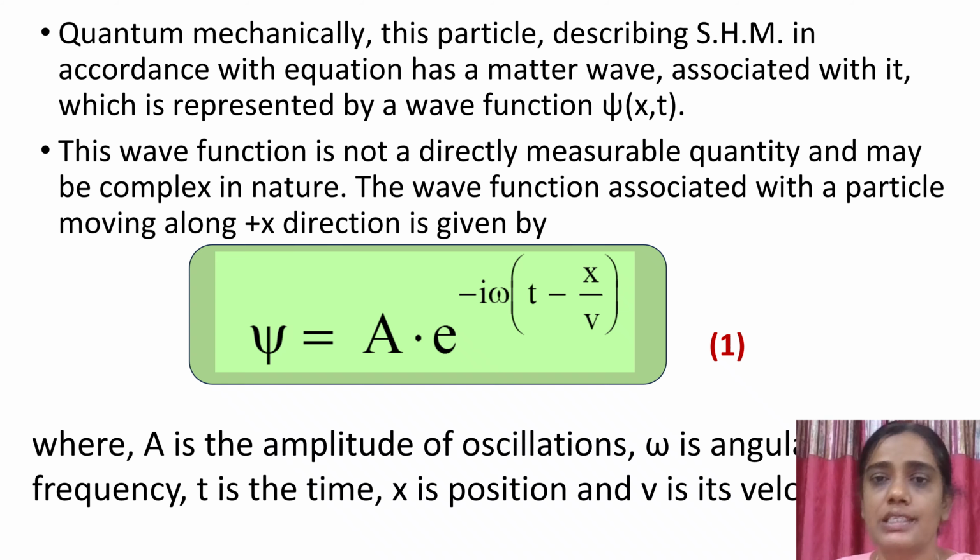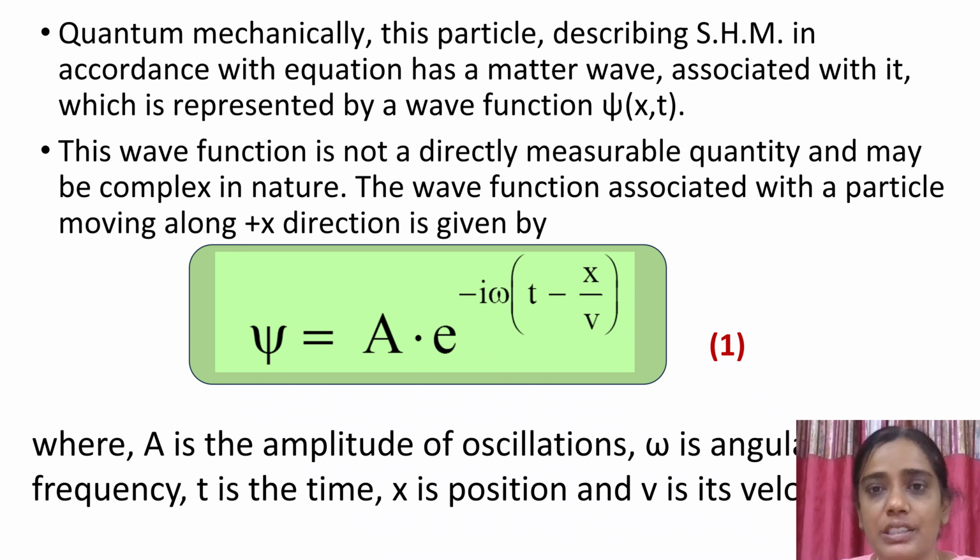This particle describing simple harmonic motion is quantum mechanically associated with the matter wave, represented by the wave function psi of x comma t. We know that the wave function is not a directly measurable quantity and may be complex in nature.